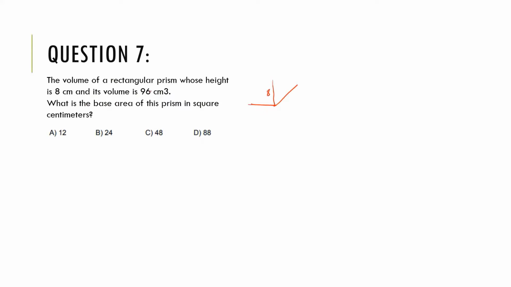So the volume is length multiplied by width multiplied by 8, which is 96 cubic centimeters. And length multiplied by width should be equal to 12. Why? I should divide 96 by 8. The answer is A. 8.